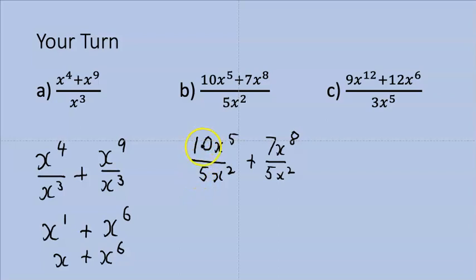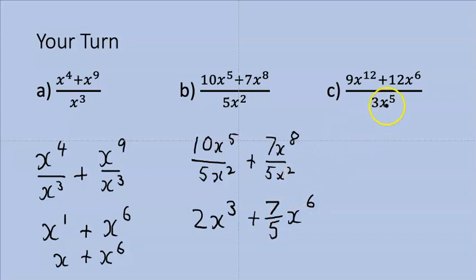Now I deal with the fraction. 10 divided by 5 is 2. x to the 5 divided by x squared is x to the power of 3. Same process again. 7 divided by 5, I can't do it, so I'm going to leave it as a fraction. But I can simplify the x terms. x to the 8 divided by x to the 2 gives me x to the power of 6.